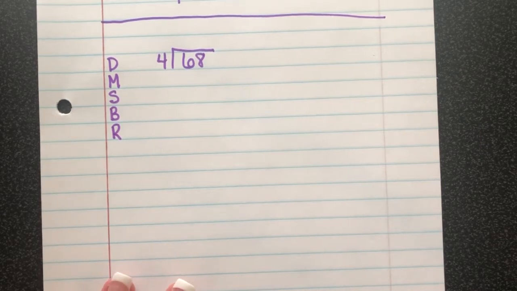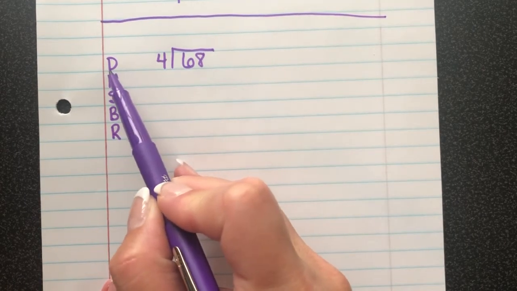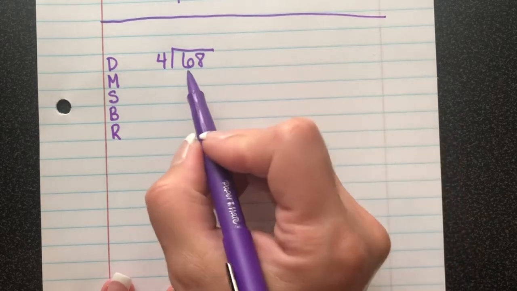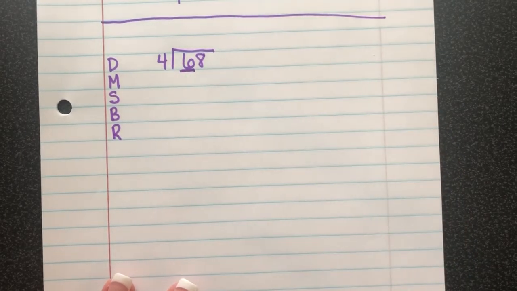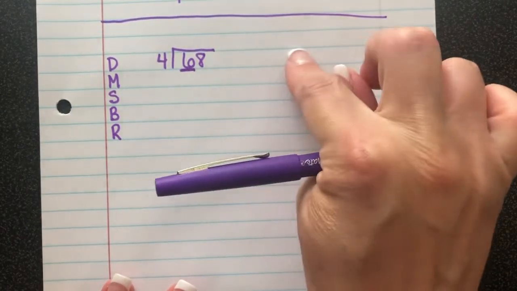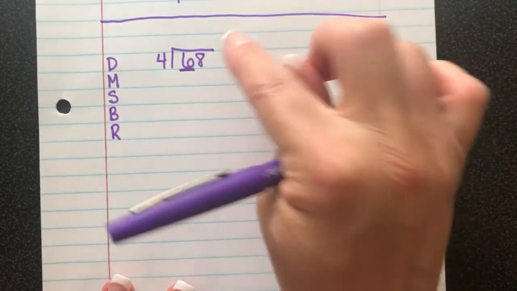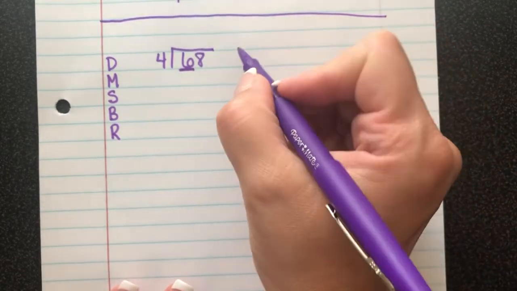All right, so the first letter, the D in does, remember that represents division. So we're always going to start with the first digit in my dividend. And I like to write my facts off to the side so that I don't get lost, so that I can keep track of all of it.